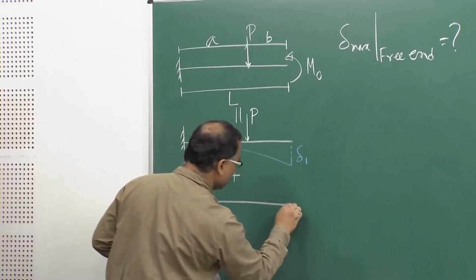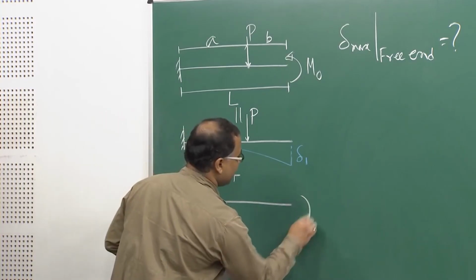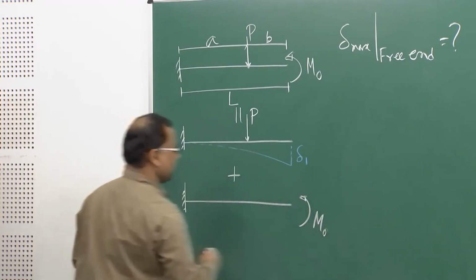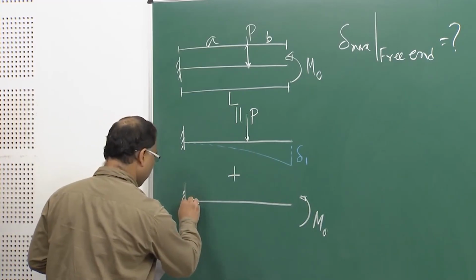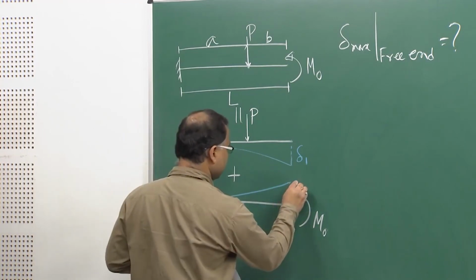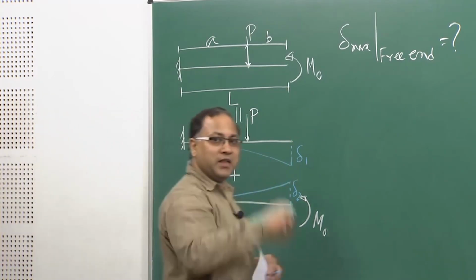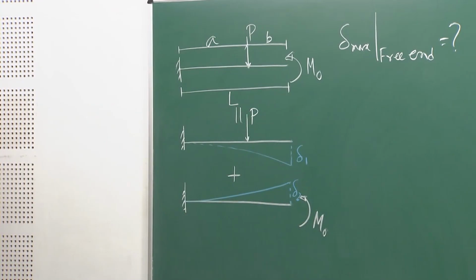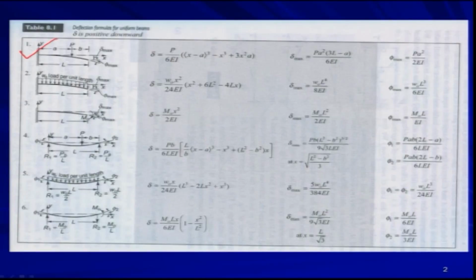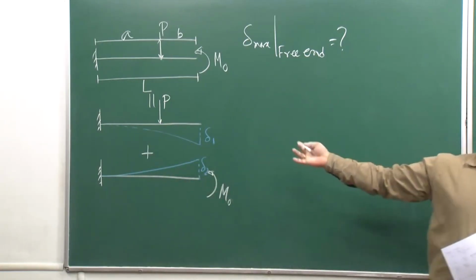So, this is your cantilever beam and you are applying only the moment here. For that, your beam is getting deflected like that, say this is my delta 2. From that table, if you come back to this table and look at this case and this case, these are two cases shown here. This is your case 1, this is your case 3.